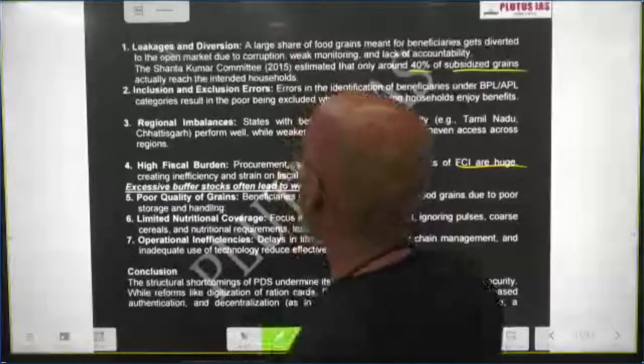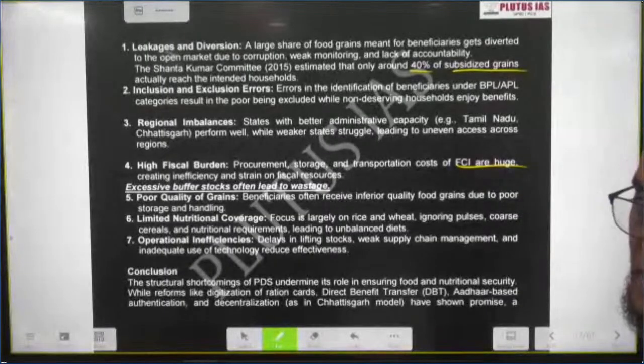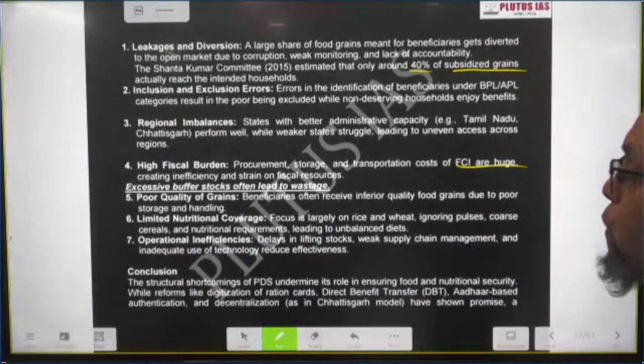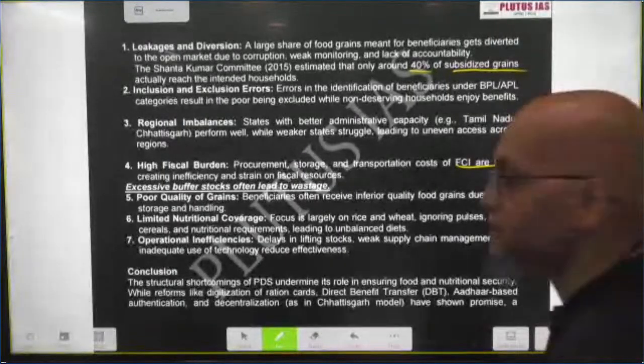Poor quality of grain: beneficiaries often receive inferior quality food grains due to poor storage and handling. Limited nutritional coverage: focus is largely on rice and wheat, ignoring pulses and coarse cereals and nutritional requirements, leading to an unbalanced diet.